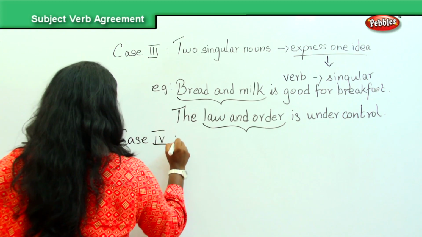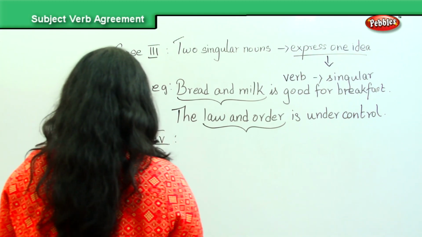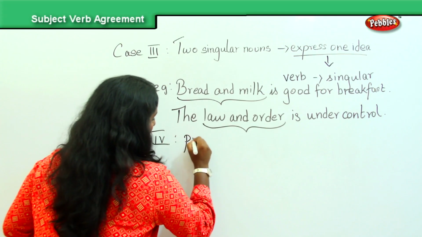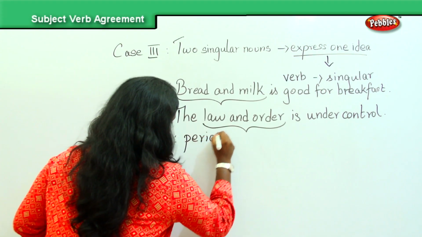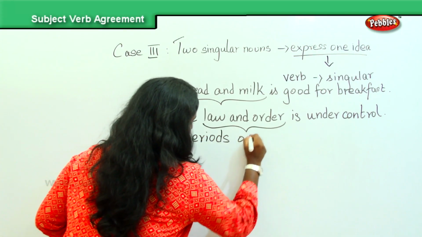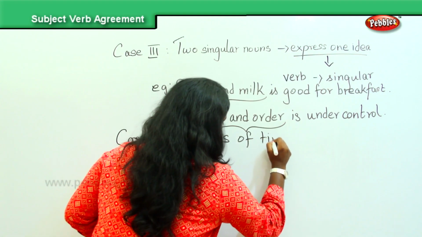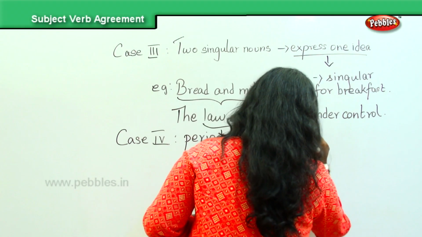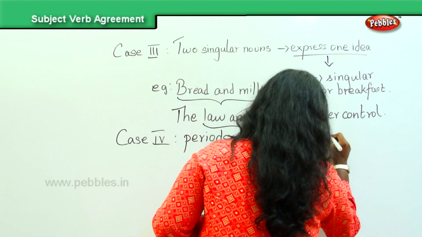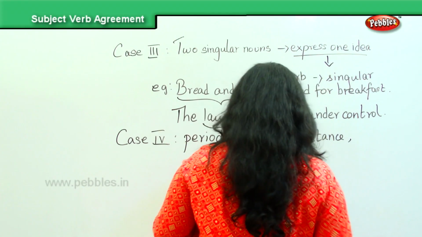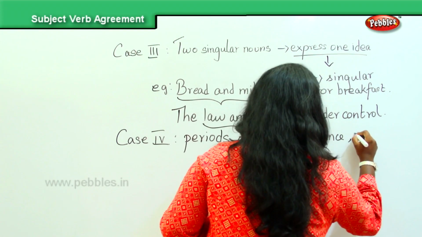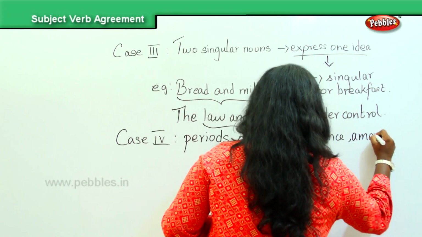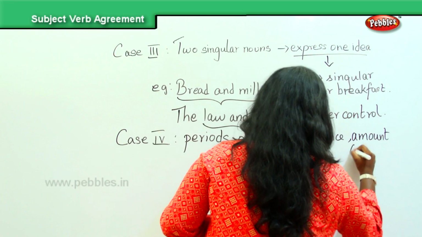Case 4 is pretty interesting as it deals with periods of time, distance, and amount, which is money, okay?